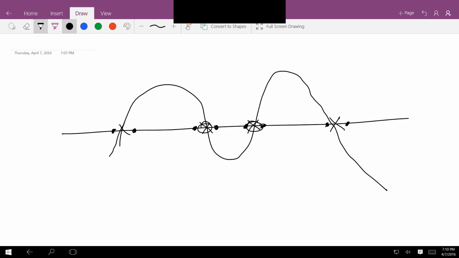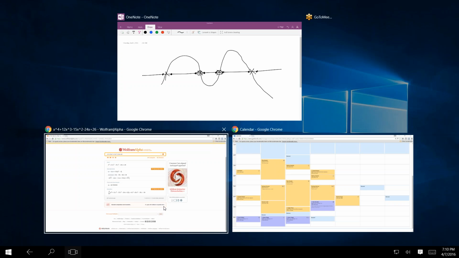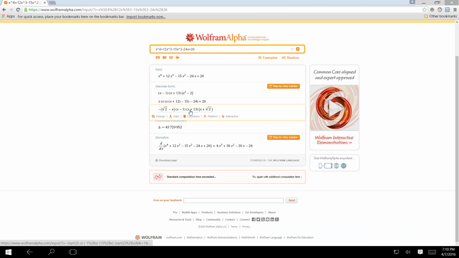So with your calculator, you can find all 4 zeros, and you'll find 1, negative 13, square root of 2, and square root of minus 2. Or whatever those zeros that Wolfram Alpha gave us were. Okay? I don't know what else to say about that problem.